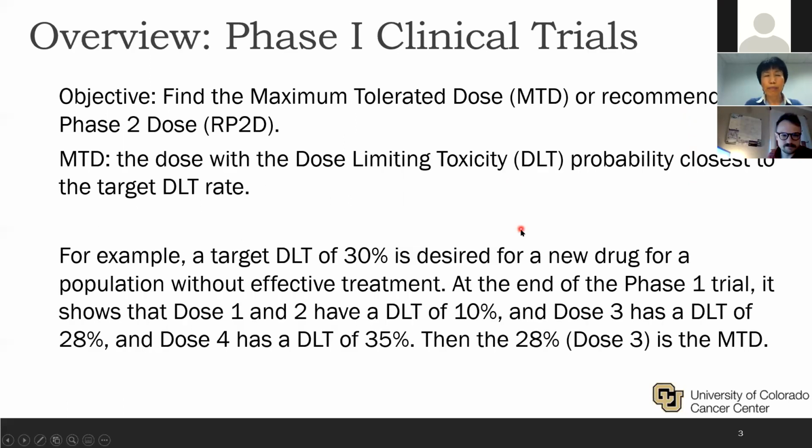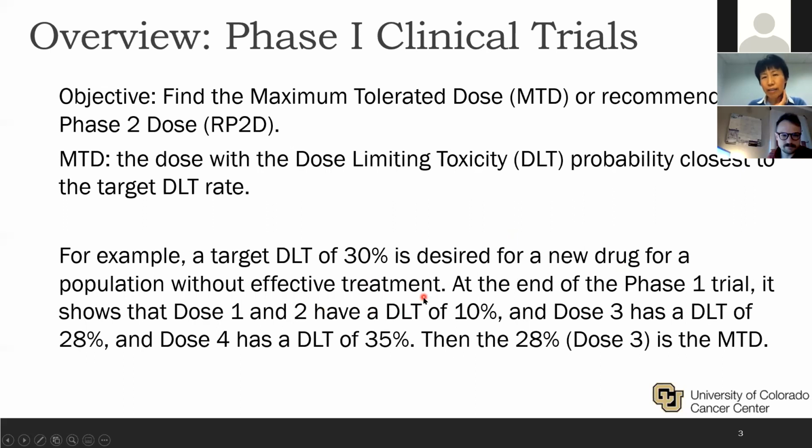So the objective of a phase 1 clinical trial design is to find the maximum tolerated dose, or the recommended phase 2 dose. The MTD is the dose with the dose limiting toxicity probability closest to the target DLT rate. For example, a target DLT of 30% is desirable for a new drug for a population without effective treatment.